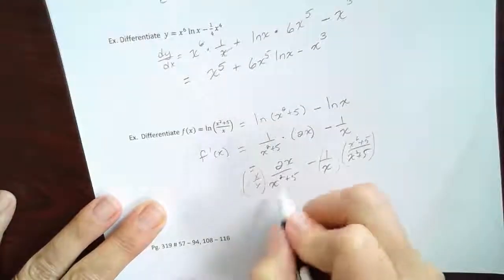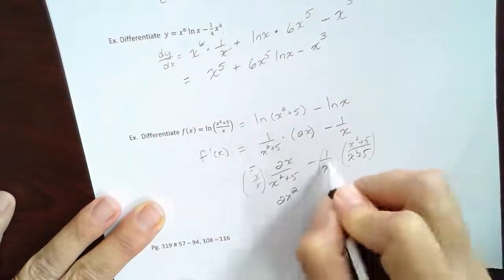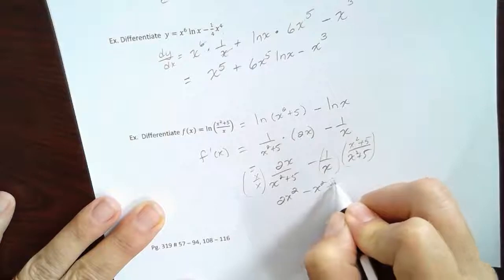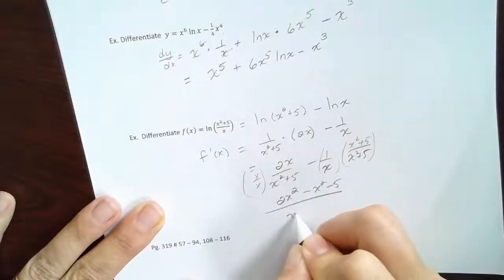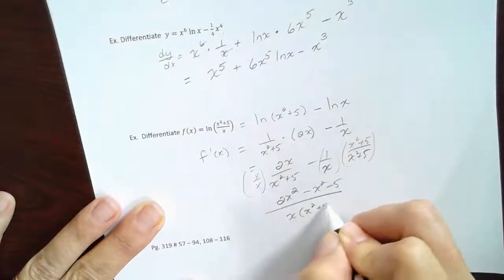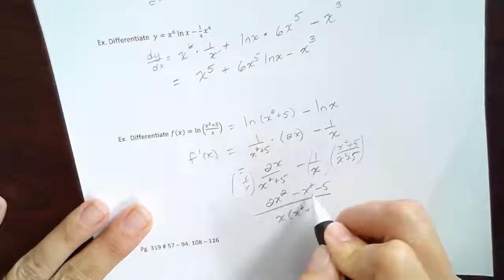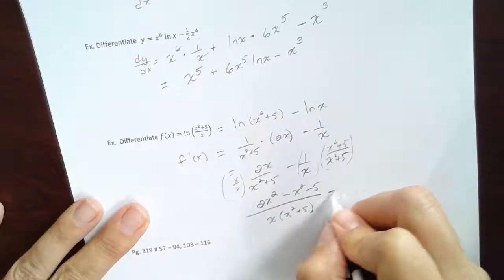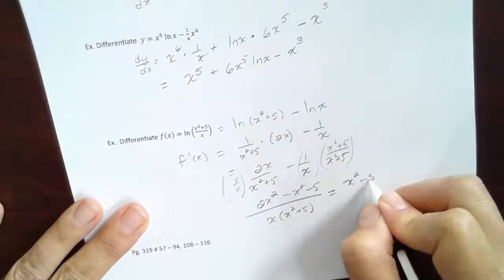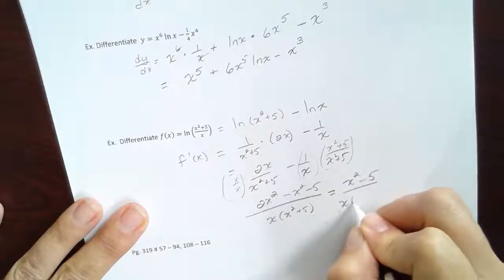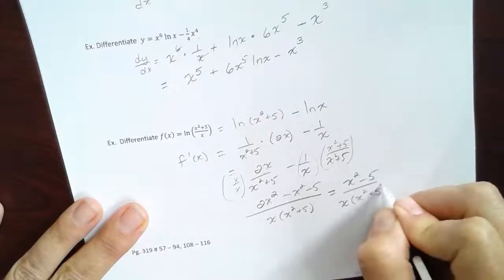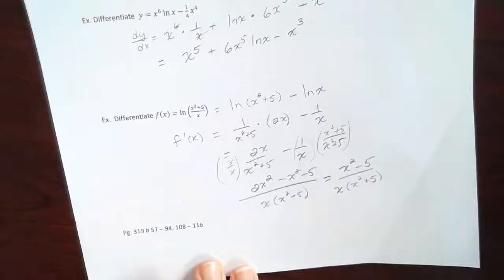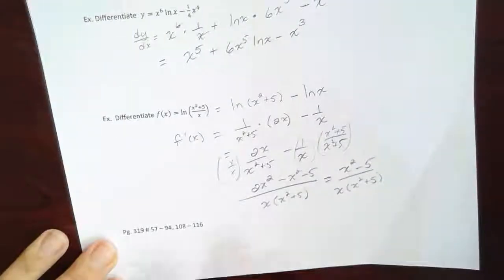So then this is going to be 2x squared minus x squared minus 5 all over x times x squared plus 5. 2x squared minus x squared is going to be x squared, so we get x squared minus 5 over x times x squared plus 5, and that's as far as we'll be able to go with that. We aren't going to be able to cancel anything.